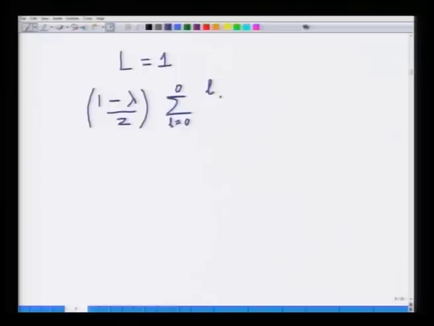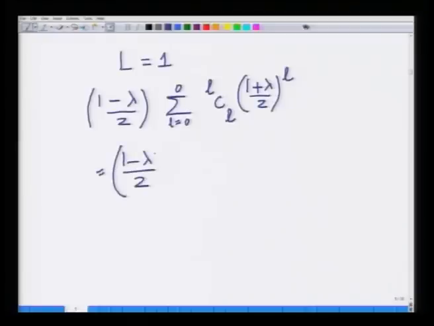So, this is small l C l, that is l choose l, into (1 plus lambda over 2) to the power of l. Now, there is only one term in this expression, which is small l equals 0. So, this reduces to 1 minus lambda over 2 times 0 choose 0 times (1 plus lambda over 2) to the power of 0.